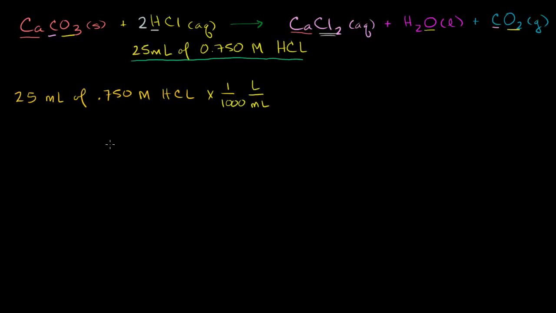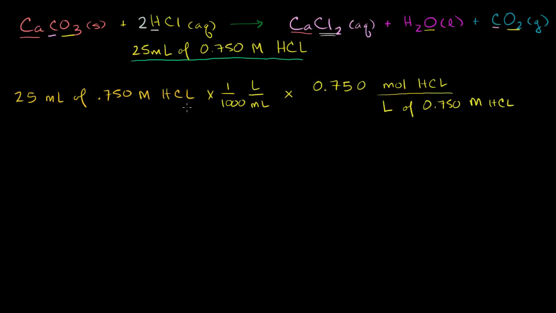And then we want to use this concentration information to figure out the actual number of moles of hydrochloric acid we're dealing with. So we're going to multiply it times 0.750 moles of hydrochloric acid per liter of 0.750 molar hydrochloric acid solution.